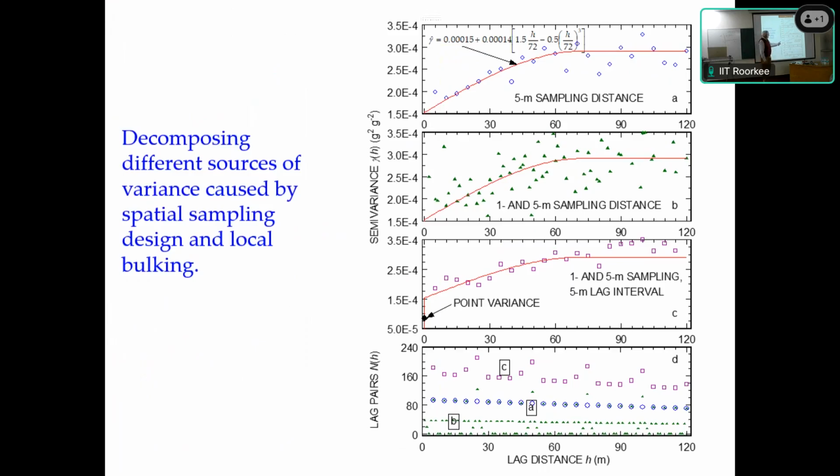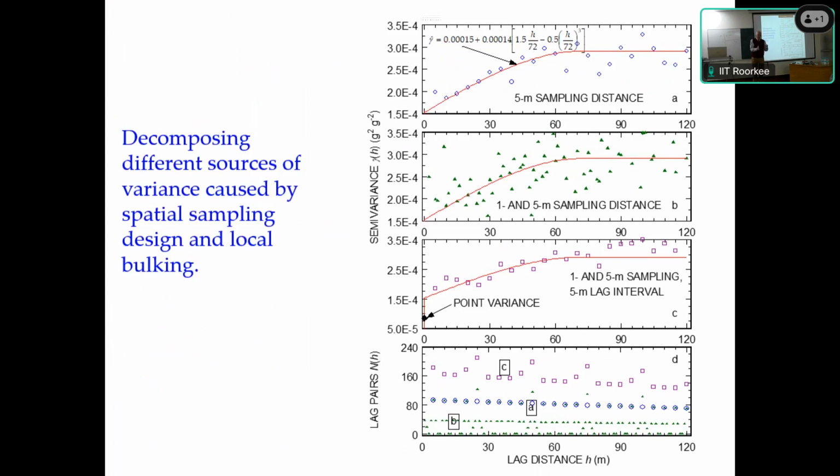And this is then the result of it. We can merge all those 1 meter sampling distances into the 5 meter sampling interval, because in the semi-variogram calculation, the model or the computer algorithm asks us what's the maximum lag distance.